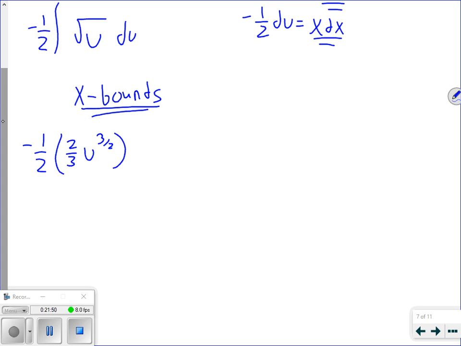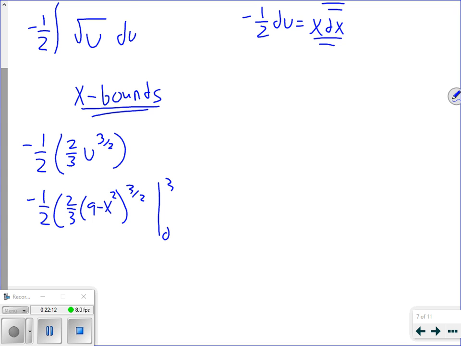But before I can plug those numbers in, I got to get it back in terms of x. So what I have is negative 1/2, 2/3, and then 9 minus x squared to the 3/2, going from 0 to 3.